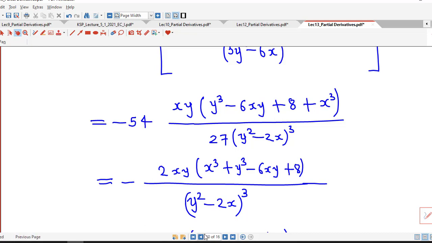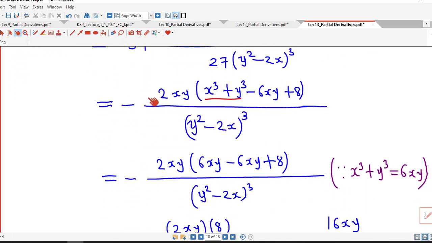Now if you observe, the given equation is nothing but x cube plus y cube equal to 6xy. So we can use x cube plus y cube equal to 6xy.